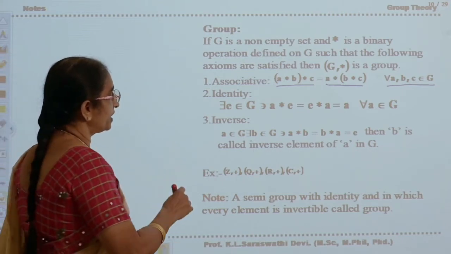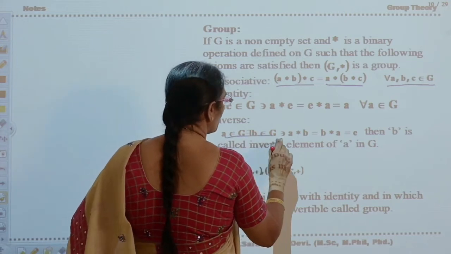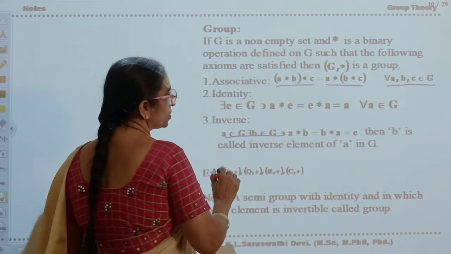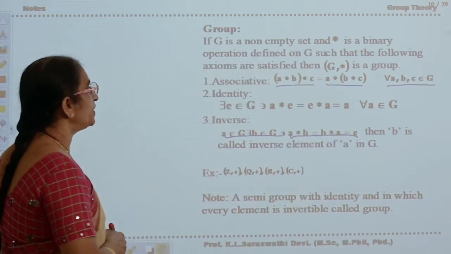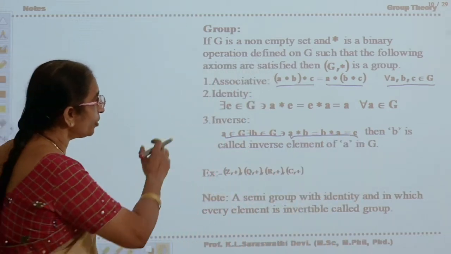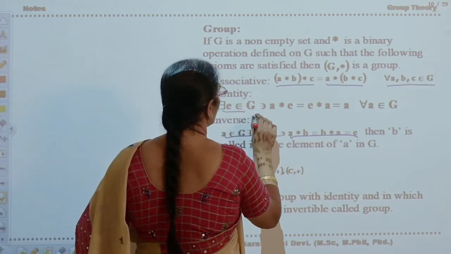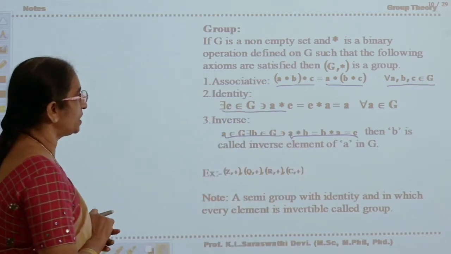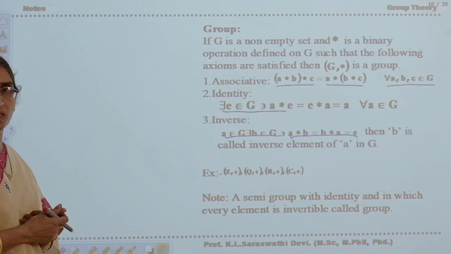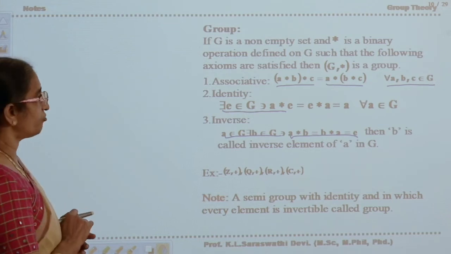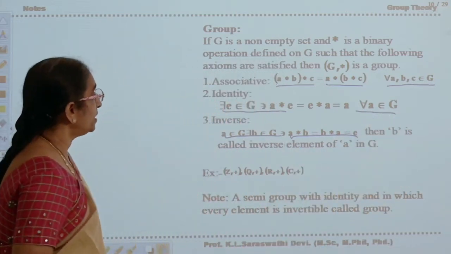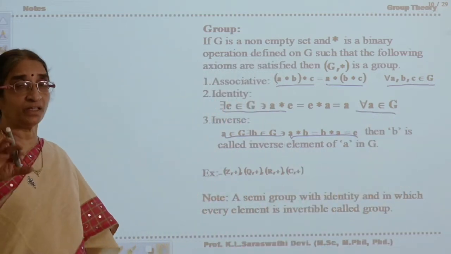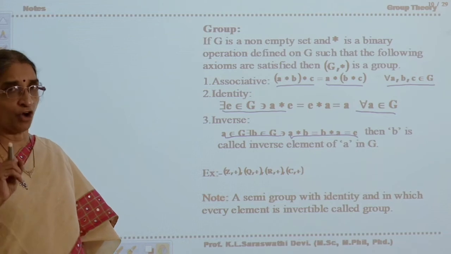Next, identity. There exists E belongs to G such that A star E is equal to E star A, that is equal to A for every A belongs to G. That is, any semigroup with identity element is said to be a monoid.